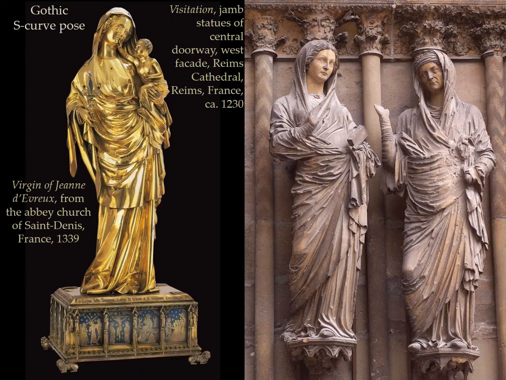Now, this style that can be seen here with the Virgin of Jean d'Evreux is a textbook International Gothic, in that we have a swaying S-shaped pose, a very exaggerated pose with all of the weight placed on one leg. In this case, she's shifting all of her weight to the left, thus relaxing the right leg and the hips moving in the opposite direction, giving you that characteristic elegant, sensuous S shape.